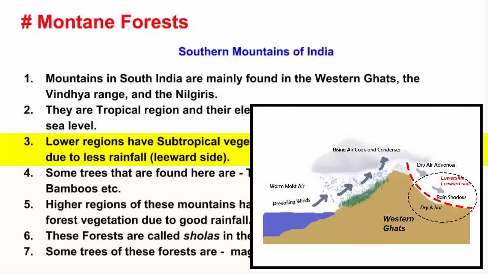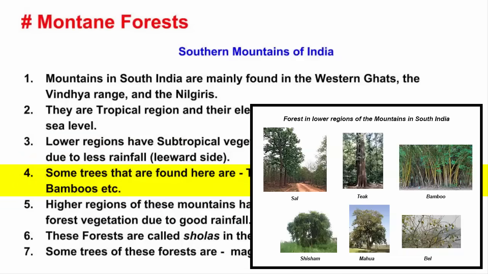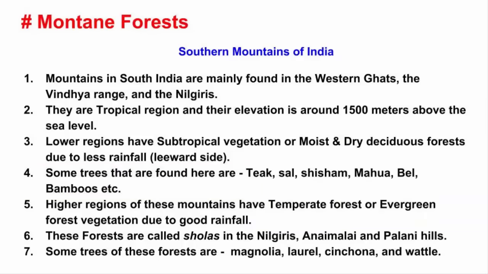Therefore, the kind of vegetation that exists in the lower side of the Western Ghats, Satpura range and Vindhya range are usually moist deciduous forests. The kind of trees that you will find in these forests are teak, sal, sisham, mahua, bale, bamboos, etc.